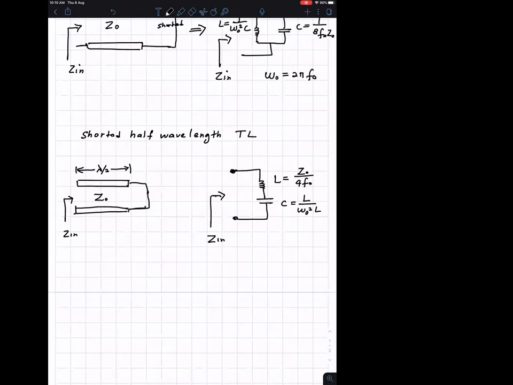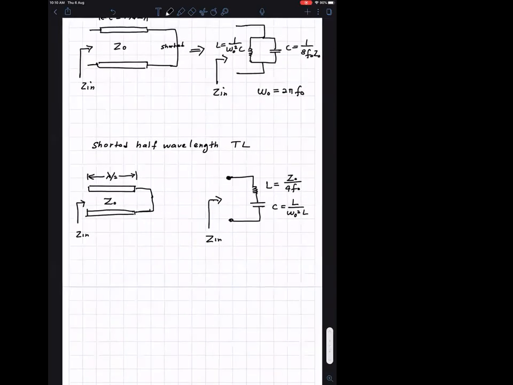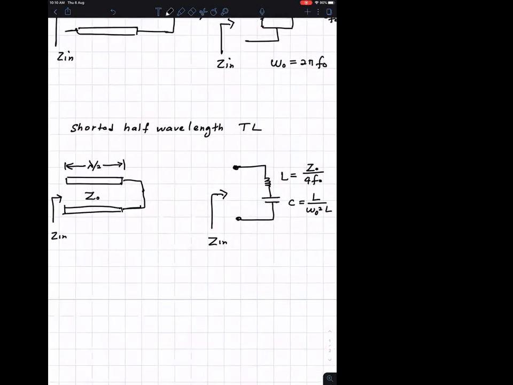So these are some of the things the RF engineer must know, because when you look at a microstrip circuit, a half wavelength microstrip line, if it's shorted like this, then actually they are in resonance. These are the few things I'm showing you just to make you aware.